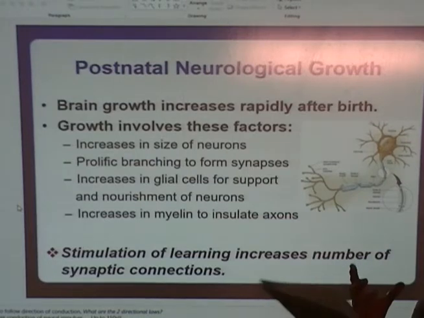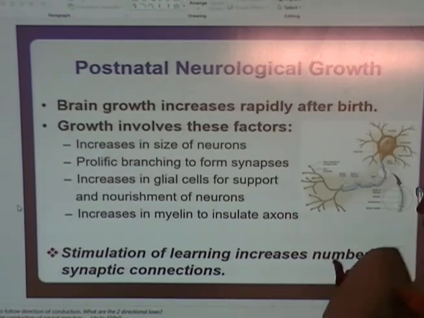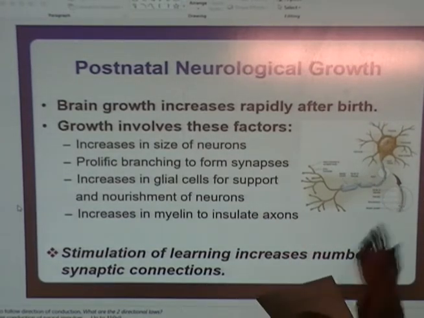So the brain research with young children is indicating that we want to stimulate this growth in the nervous system as much as possible. So we want to provide many different experiences for children, right?